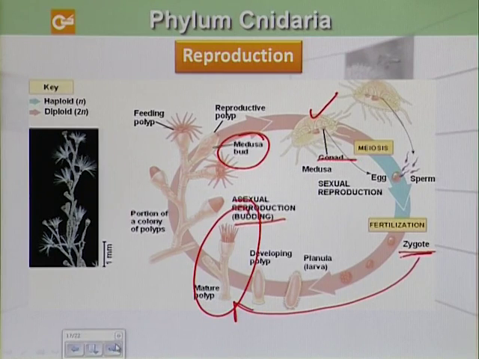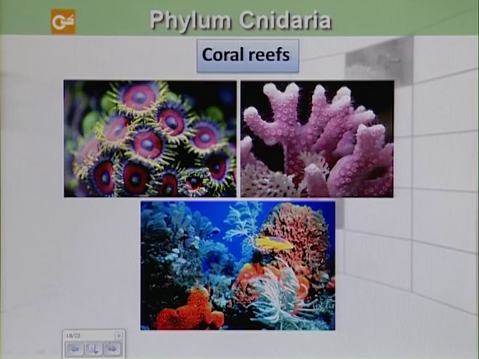Then there is an interesting fact about these cnidarians, that they form coral reefs. Coral reefs are diverse underwater ecosystems, and they are held together by calcium carbonate. And corals are formed from secretions which are produced by specialized polyps, and these are present in certain coelenterates.